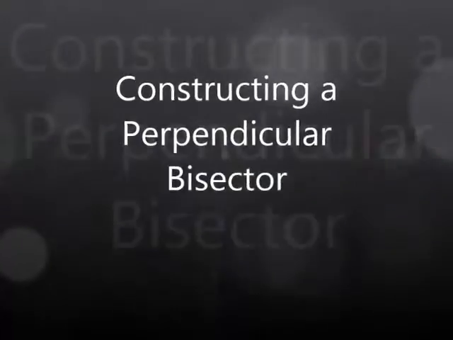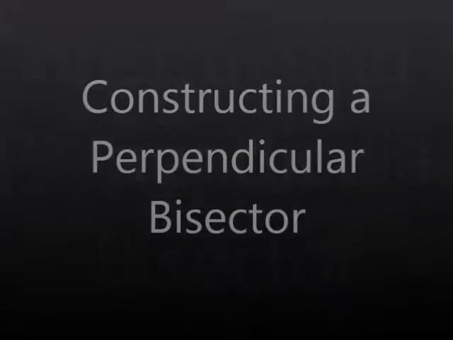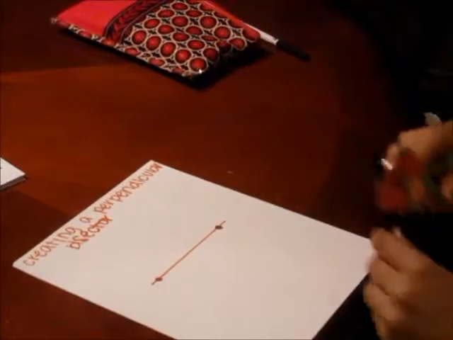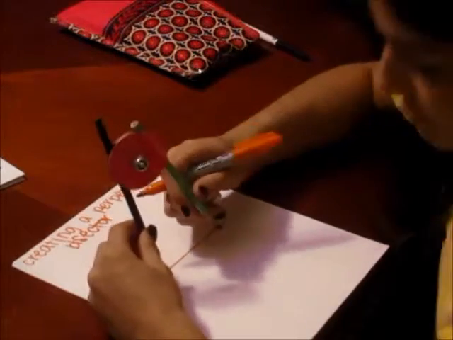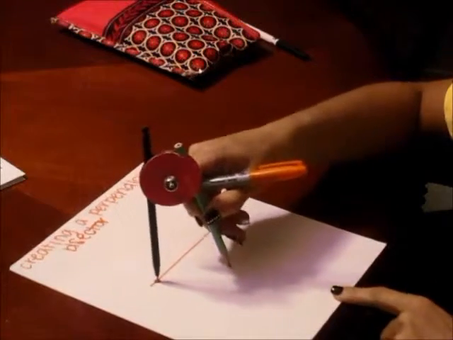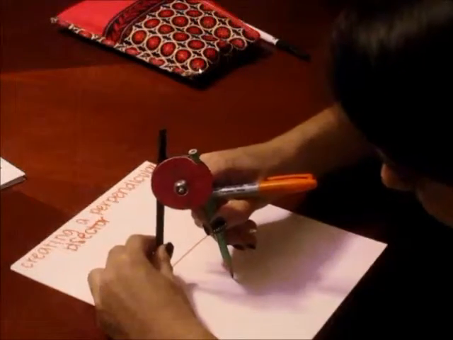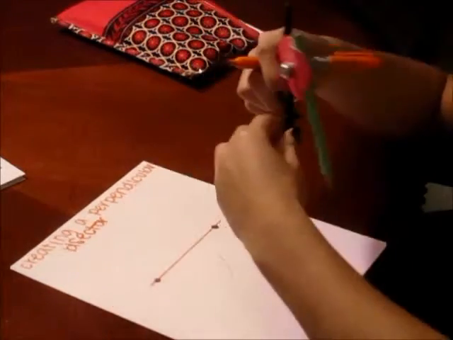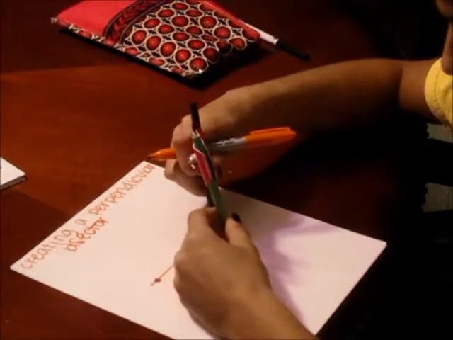This next video, I will teach you how to create a perpendicular bisector. Taking your compass needle, you will need to make an arc that is more than halfway. On the other side, do the same thing.